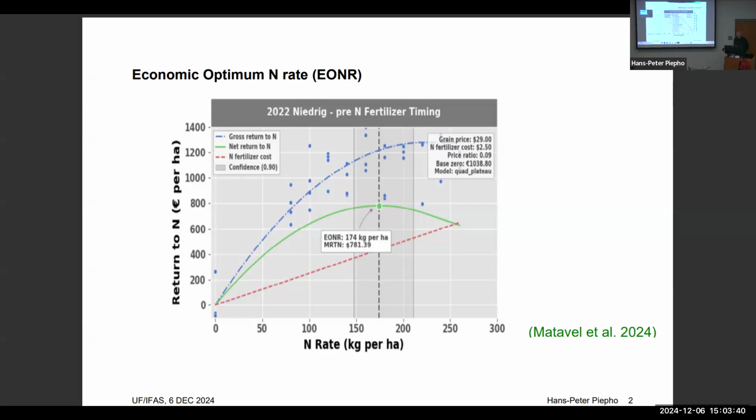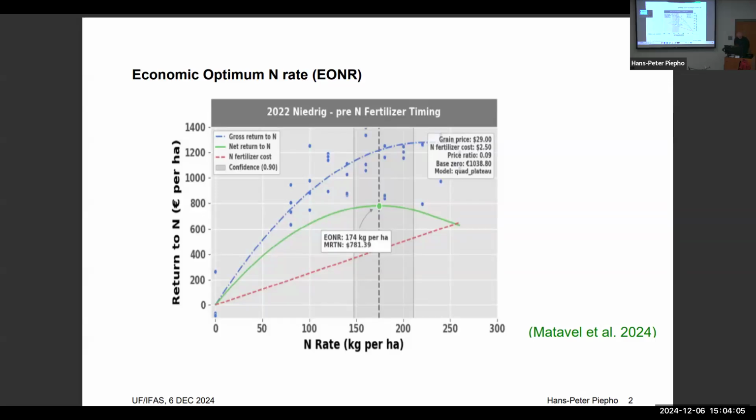So the idea is that you have to balance the added output you get from any additional unit of N you put on against the cost, which is a linear function. And if you balance the two, you obtain the green curve, and where it has a zero slope, that's where the optimum N rate is, which is below the possible maximum yield you can achieve.